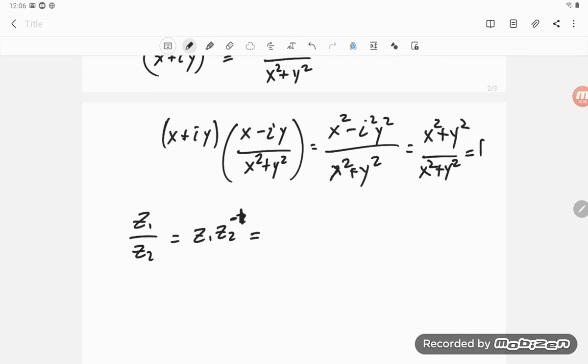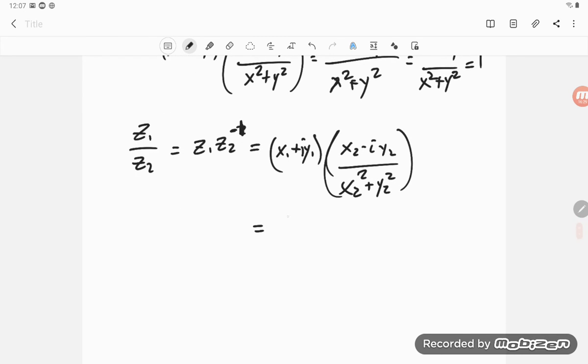And so that would be my x1 plus iy1, and then my multiplicative inverse for z2 would be x2 minus i y2 over x2 squared plus y2 squared.